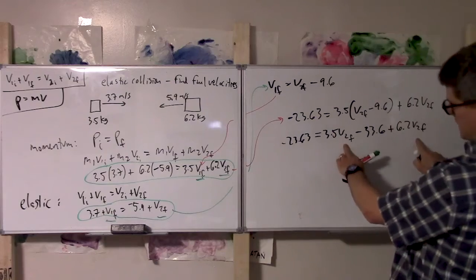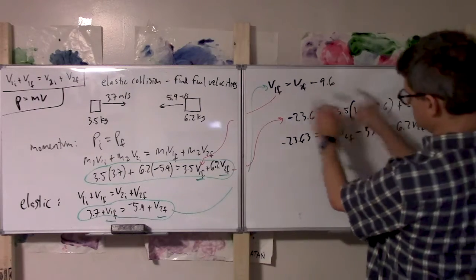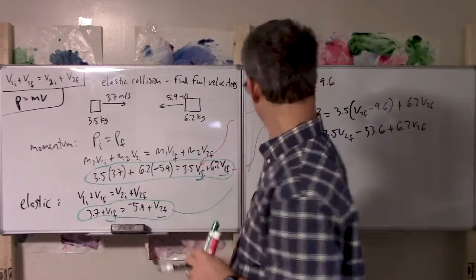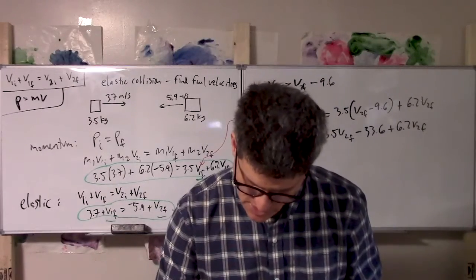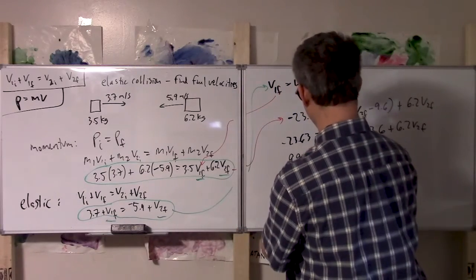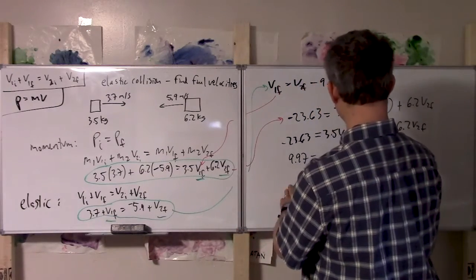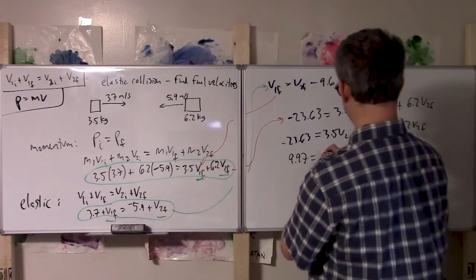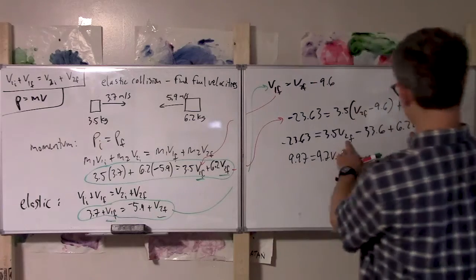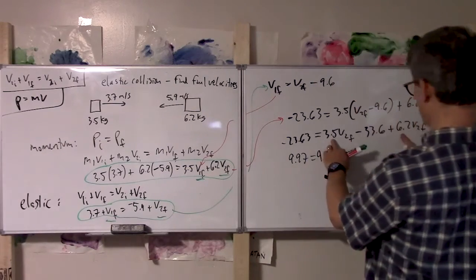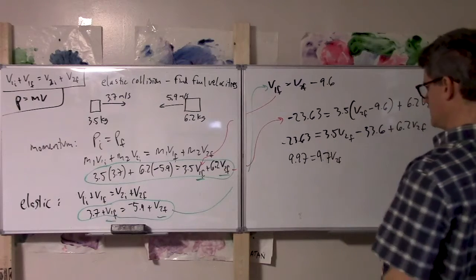Then I'm going to collect the v2 finals together and move this over to the other side. So 33.6 minus 23.63 is 9.97, which equals something times v2 final. So that'll be 9.7, because I'm combining these two v2 finals together, 3.5 and 6.2, and that makes 9.7.